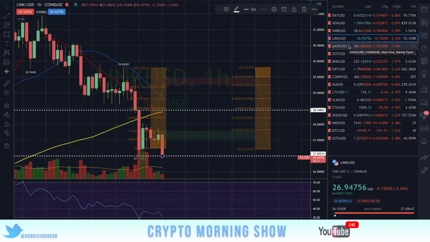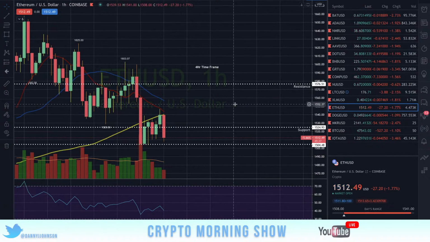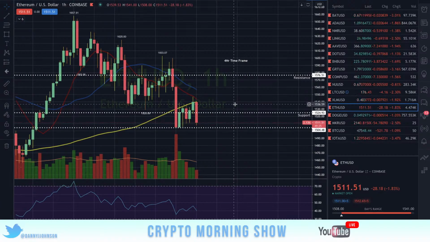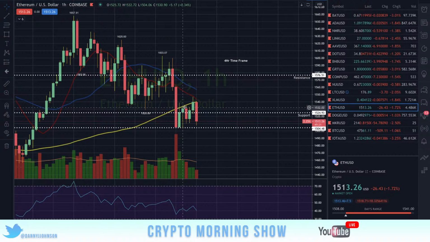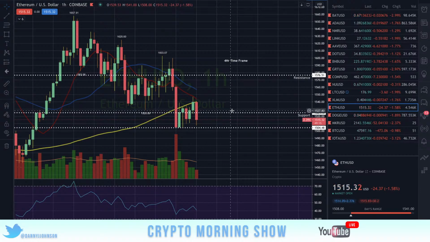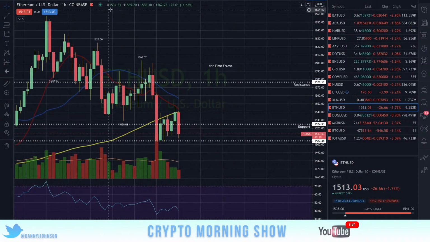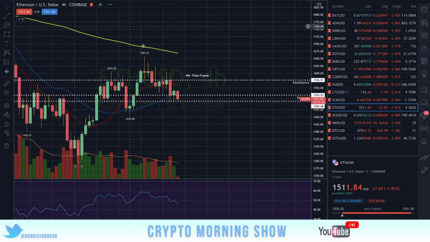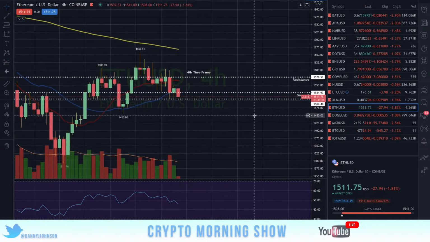Moving on to Ethereum ETH USD on our watch list, and as you can see, we're trying to bust through this 100-day moving average, which has been giving us grief for quite some time. So we're banging away at that on the 1 hour, 4 hour time frame.